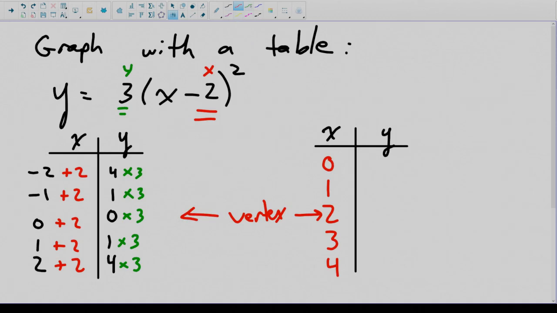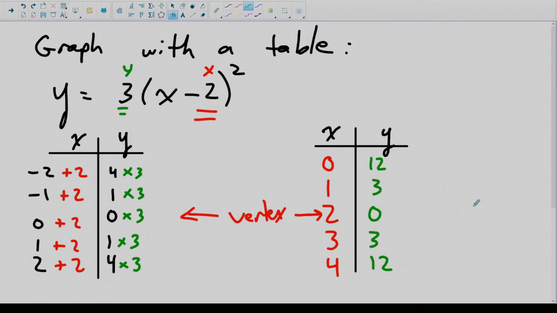And then for my y values, it's going to be 4 times 3, which is 12, 1 times 3, which is 3, 0 times 3, which is still 0, 1 times 3, which is 3, 4 times 3, which is 12. So what's interesting here is you can still see that symmetrical pattern to our parabola, right? But everything has been shifted over to the right by 2.